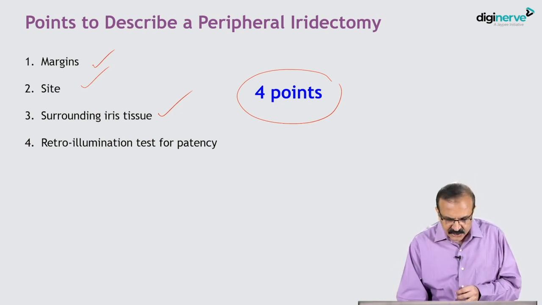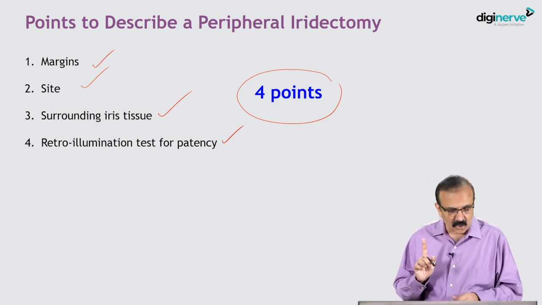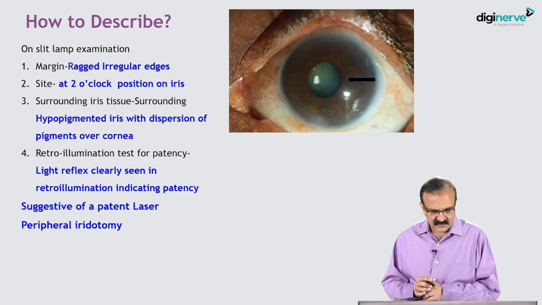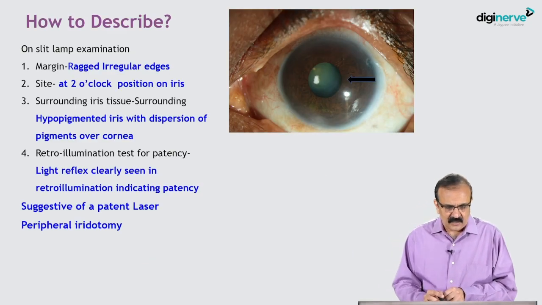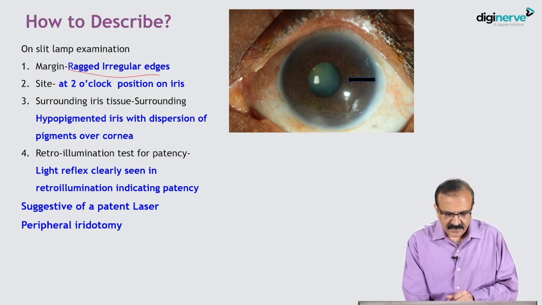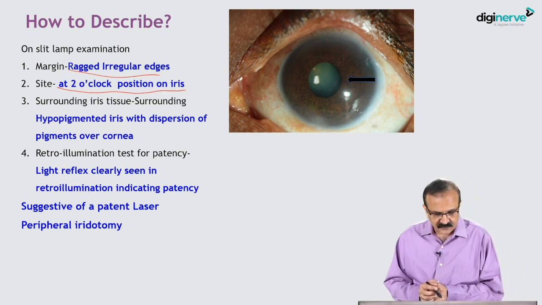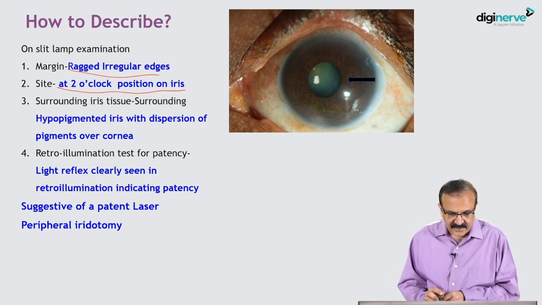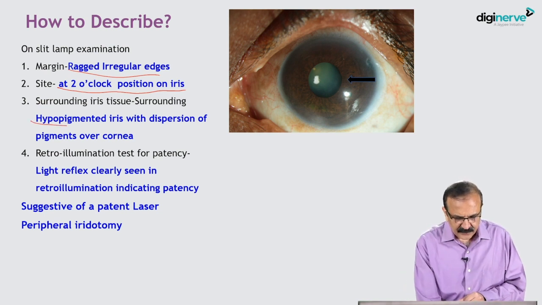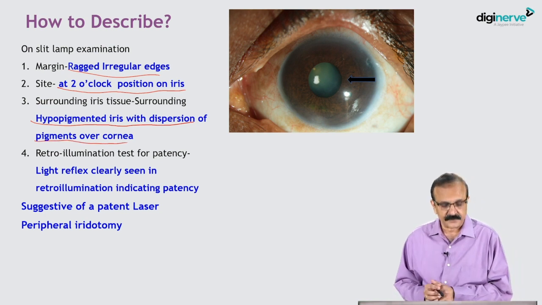And you would also make a mention whether the iridectomy or iridotomy is patent or not. And I'll show you an example for how to describe that. The same case, we would say on slit lamp examination, there are ragged, irregular edges at 2 o'clock position on the iris with a central defect, surrounded by hypopigmented iris with dispersion of pigments over the cornea.